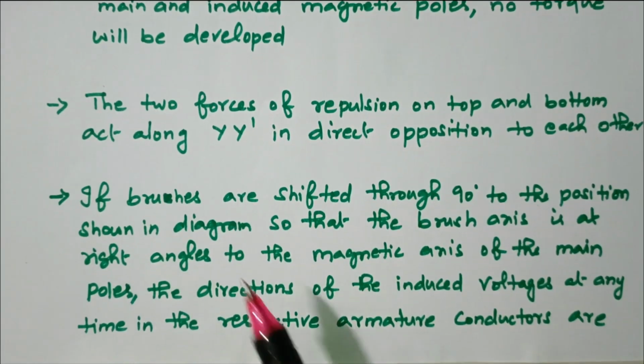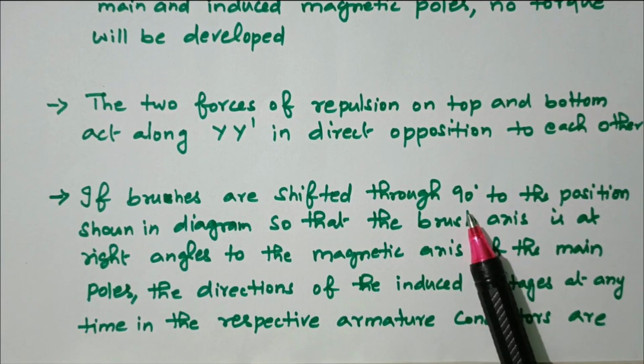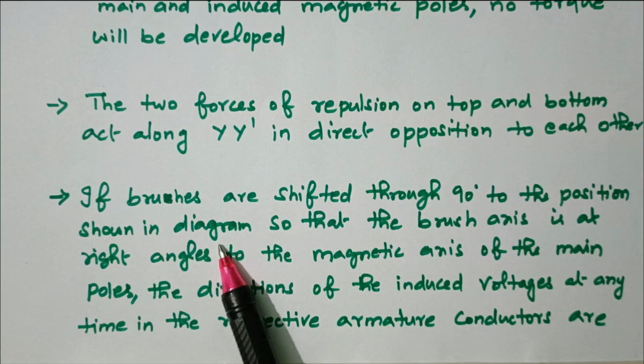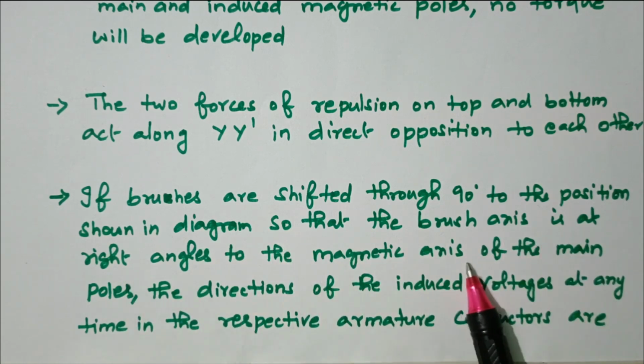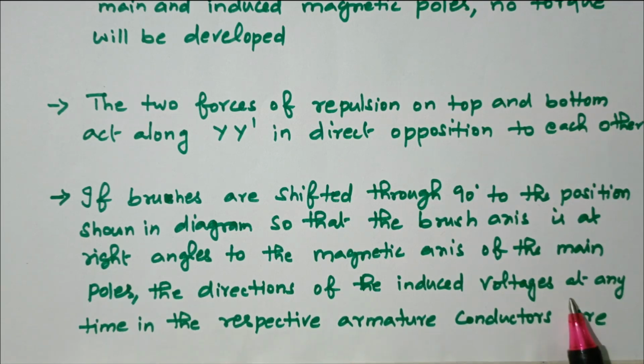Right. If the brushes are shifted through 90 degrees, that is diagram B, the brushes are held in the horizontal position shown in the diagram, so that the brush axis is at a right angle to the magnetic axis of the main pole. The direction of induced EMF voltages at any time in respect to the armature conductors is exactly the same as it was for the brush position of diagram A. Right.